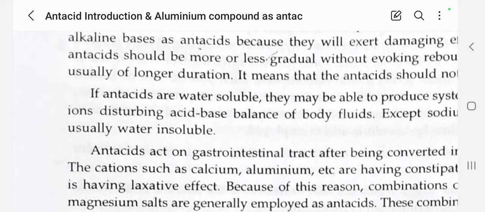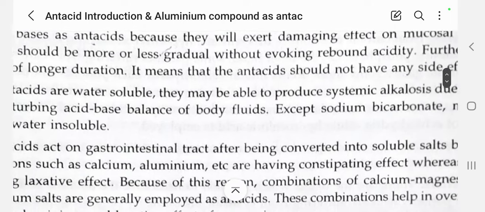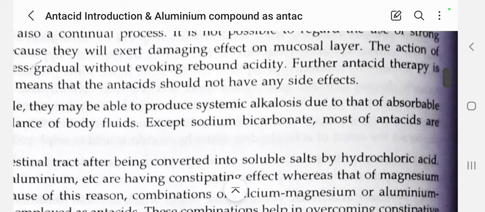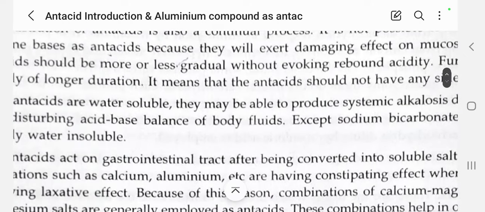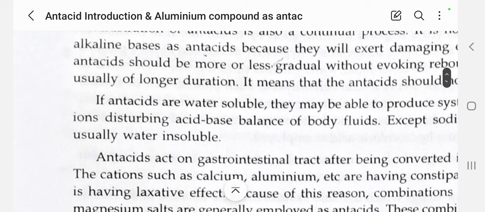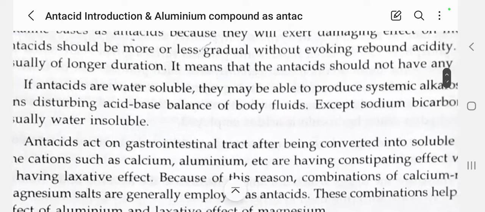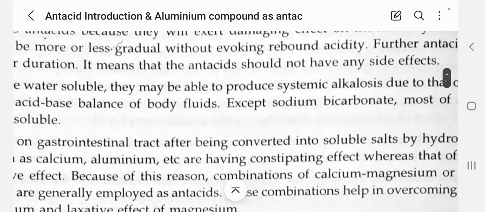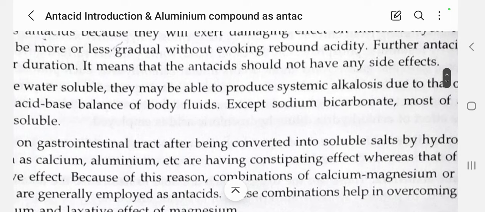So a water soluble antacid will produce systemic alkalosis because of absorbable ions disturbing the acid base balance of body fluid.